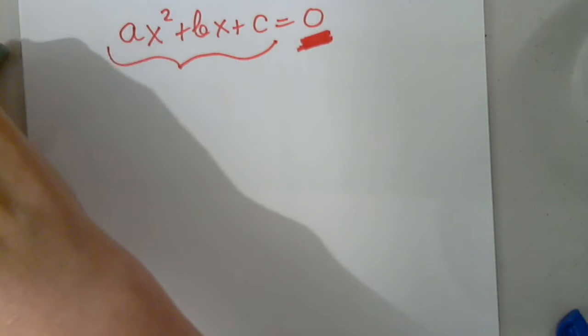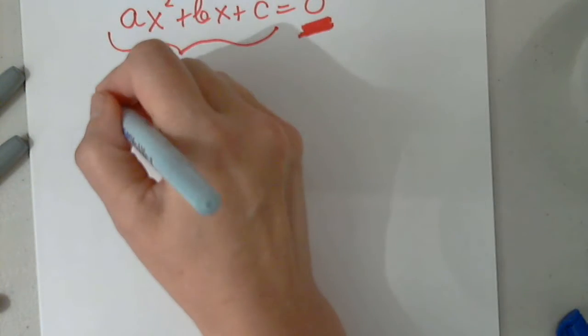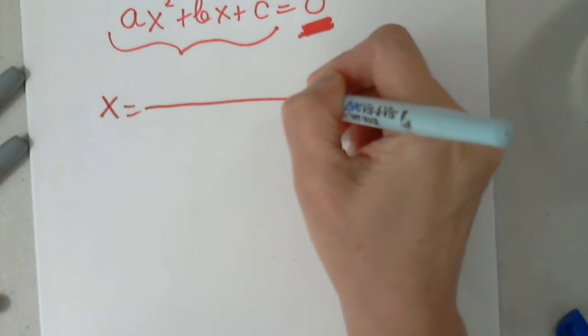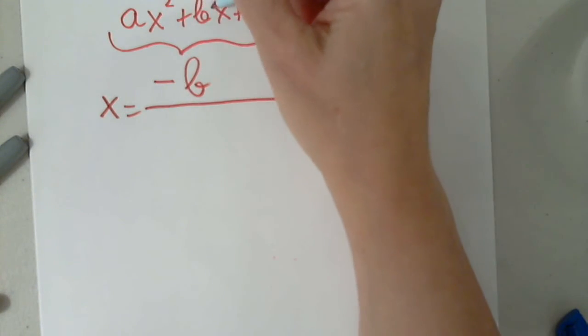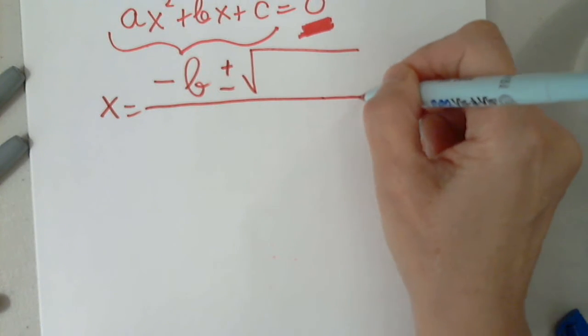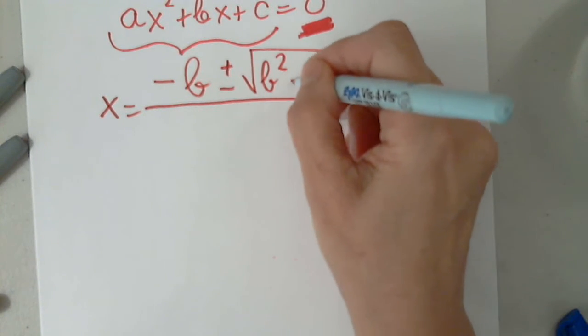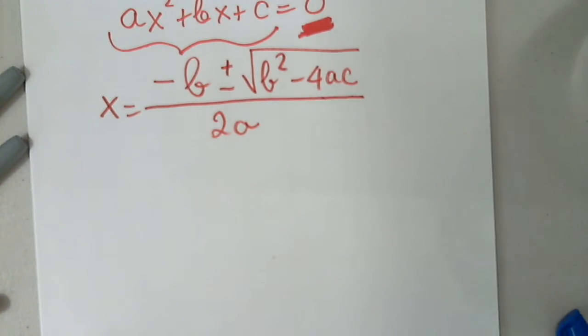Otherwise, we cannot use the quadratic formula. And the quadratic formula is negative b, this is the b, plus or minus the square root of b squared minus 4ac over 2a.